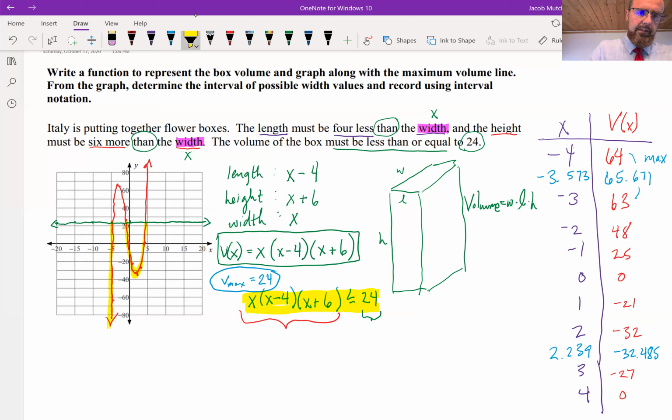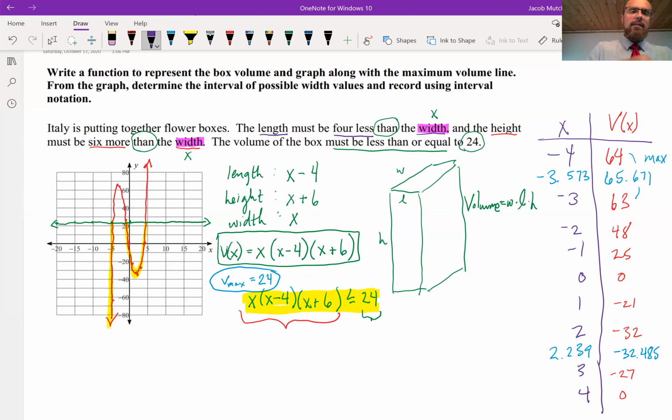So algebraically, we would describe the intervals that contain those two parts of our volume function, the two parts that are below the y value of 24. But we also need to think in terms of the scenario, what x and y values would be reasonable given that we're talking about lengths and volumes of boxes.